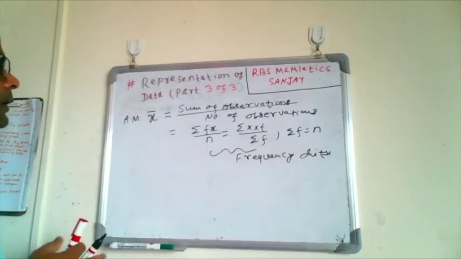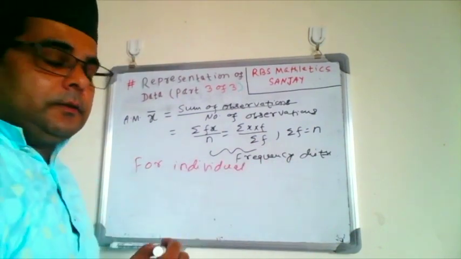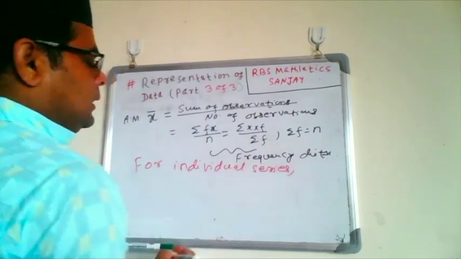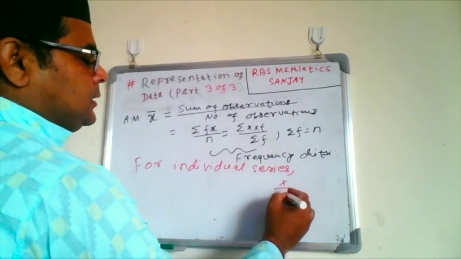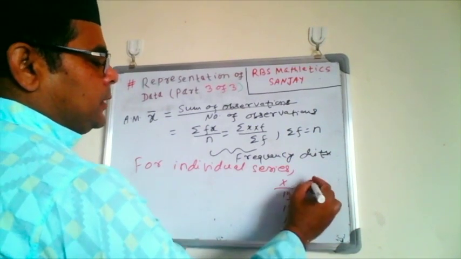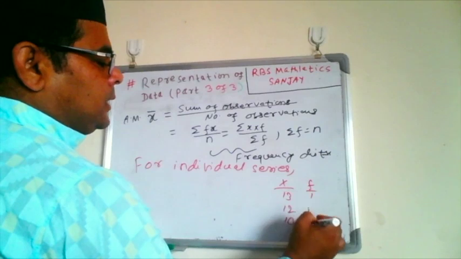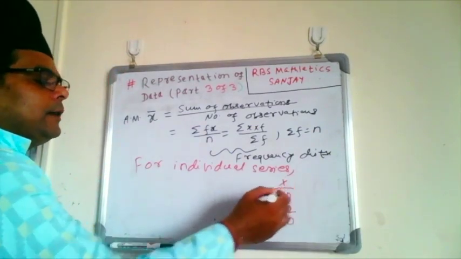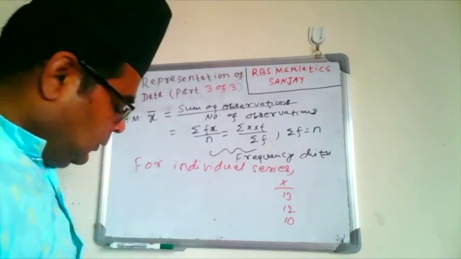For an individual series of data, for example 13, 12, 10, only frequency 1 is given. That means if it is not mentioned, then each value has frequency only 1.